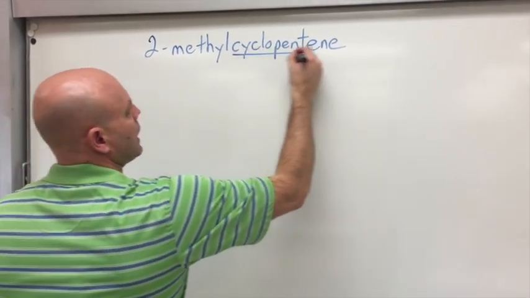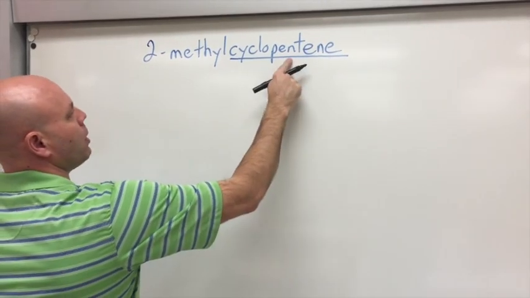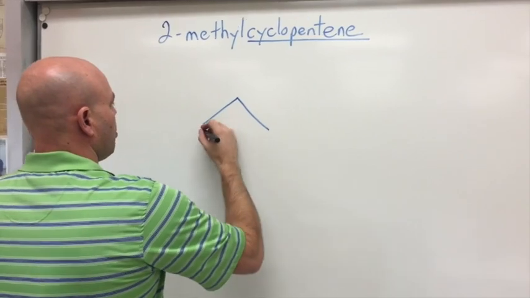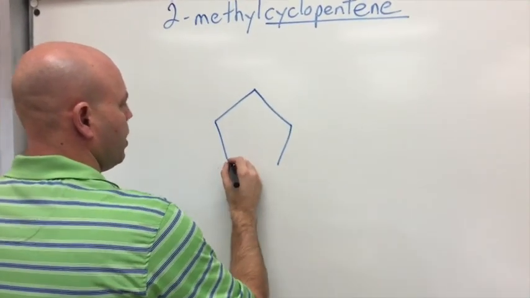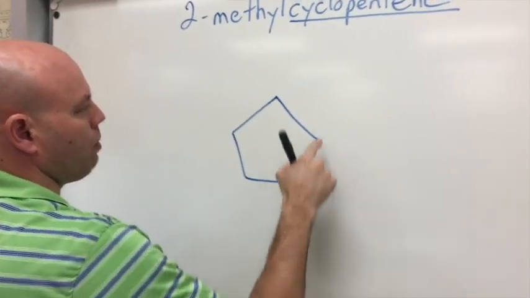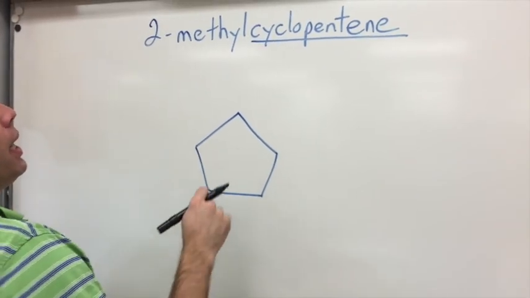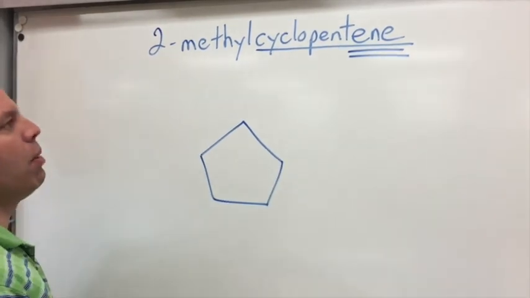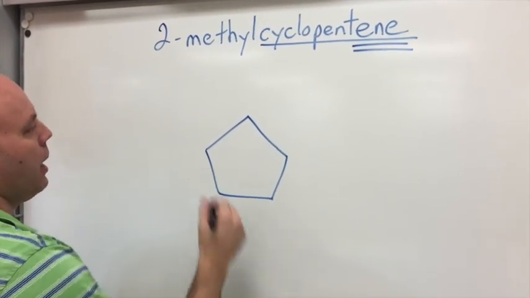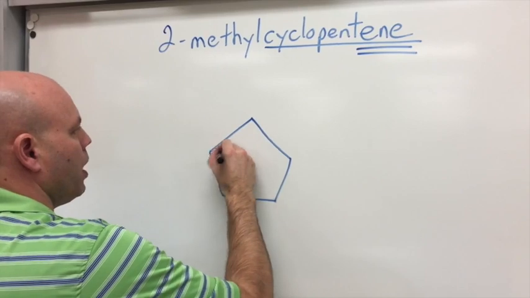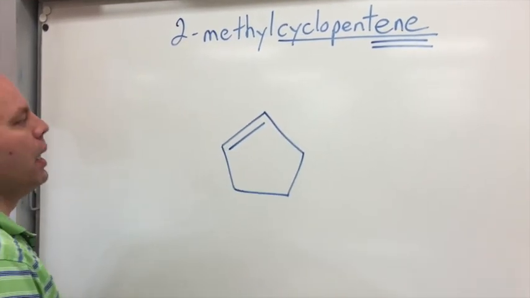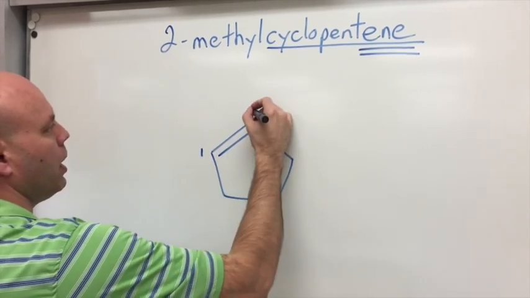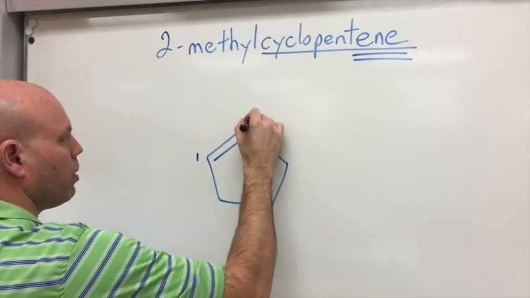Okay, we're going to do 2-methylcyclopentene. So here's the parent. Now we know it's 5 carbons, and cyclo means ring-shaped. So I'm going to draw my geometric shape, a pentagon. 1, 2, 3, 4, 5. And I've got cyclopentene. I know it has to be a double bond somewhere. Now I could put it anywhere. I'll just put it here. There's my double bond. Now because that's my double bond, that will be number 1, and this will be carbon number 2 right there.